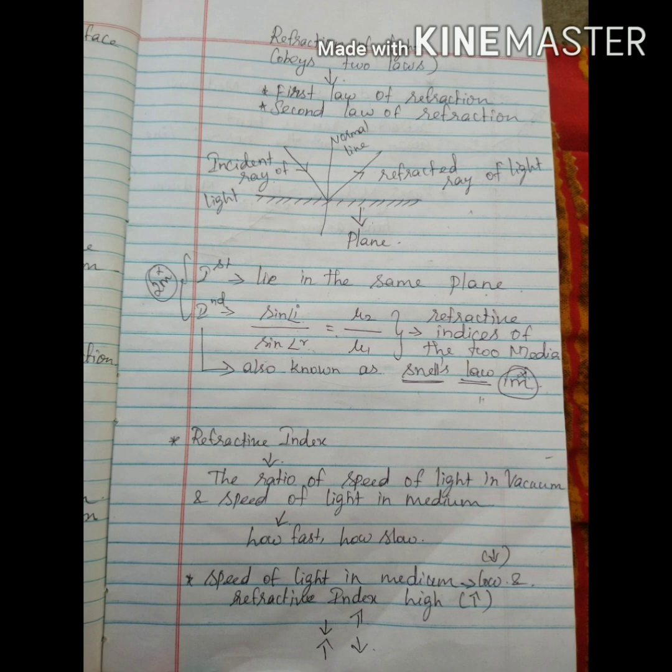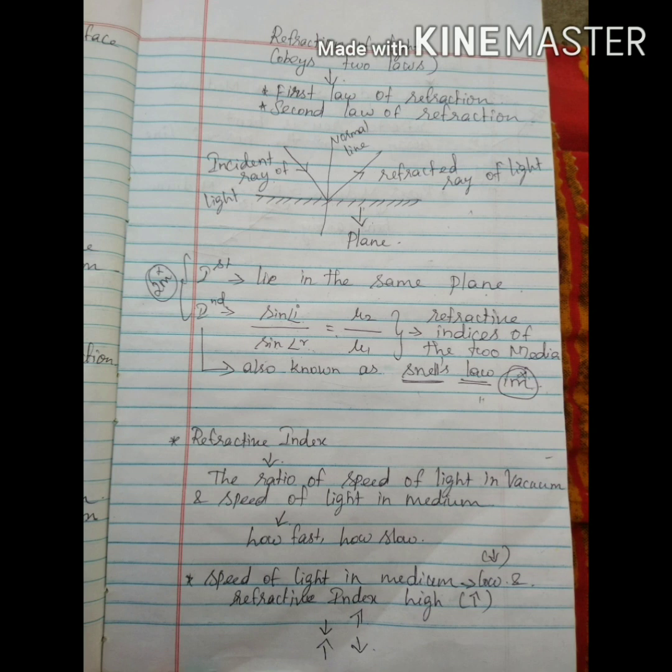Second, the ratio of the sine of the angle of incidence and the sine of the angle of refraction is equal to the ratio of the refractive indices of the two media. The second law of refraction is also known as Snell's law. It is a 2-mark question.